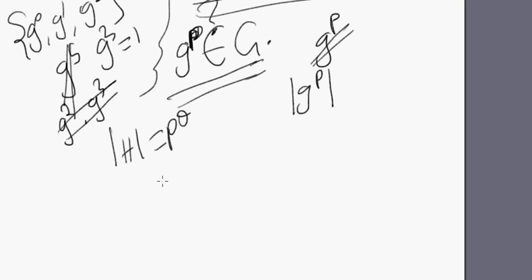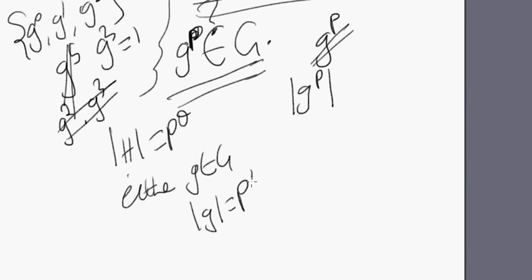We'd said that either we have some g in G such that the order of g equals p to the alpha, or we don't. And we said, well, if we had an element whose order equals p to the alpha, then that means that the group G is cyclic and is generated by the element g. Right? So we came back to this set again.